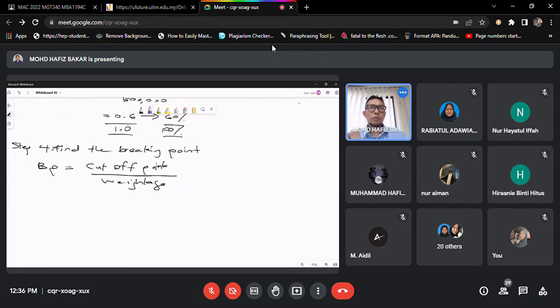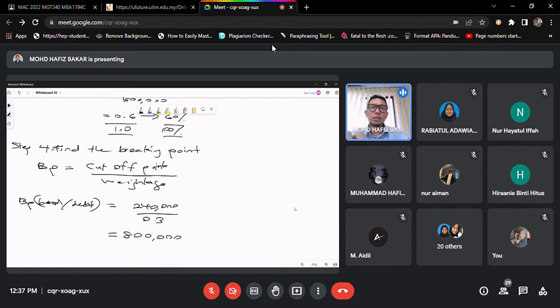So breaking point for bond or debt will be how much? Tadi kita kira apa? 240,000 kan? 240,000 divided by 0.3 ataupun 30%. So you calculate 240 divided by 0.3, 800,000.